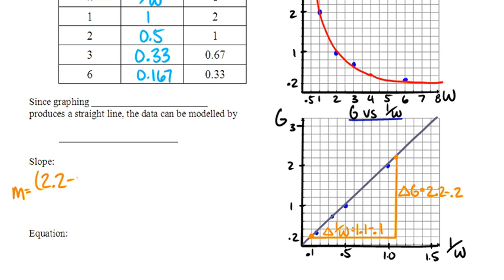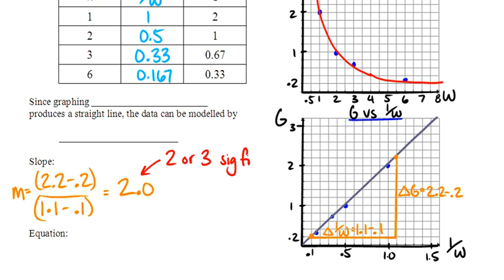You need to type this into the calculator. And my calculator, if I type that in, it's just going to spit out 2. But be a little bit careful. Remember, we want to go 2 or 3 sig figs. So you actually want to call it 2.0 or 2.00.